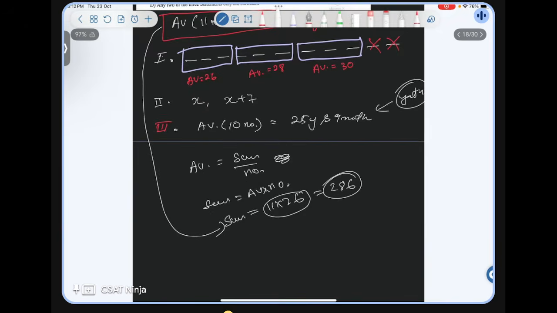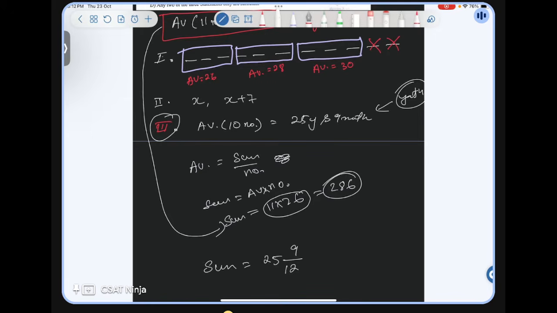But according to statement number 3, if I remove the youngest age, then what do we have? The sum of the remaining will be how much? 25 and 9. How do we convert this? We are talking about 9 months, and there are 12 months in a year.